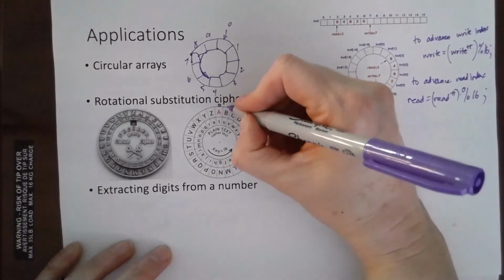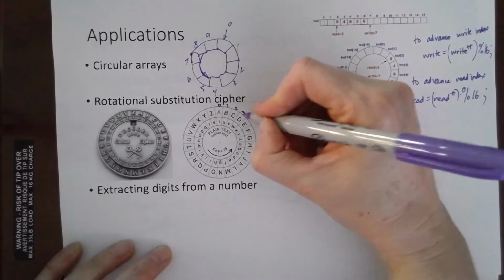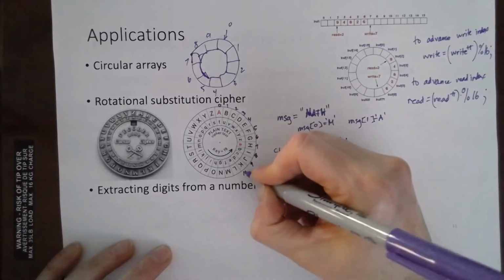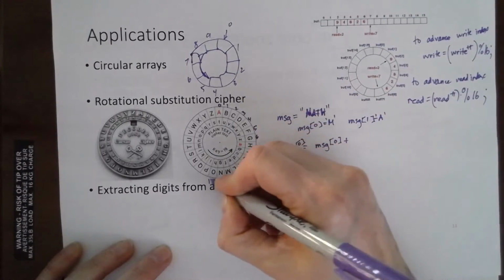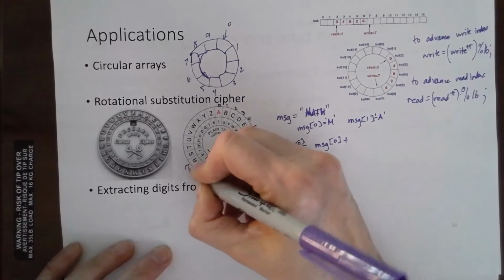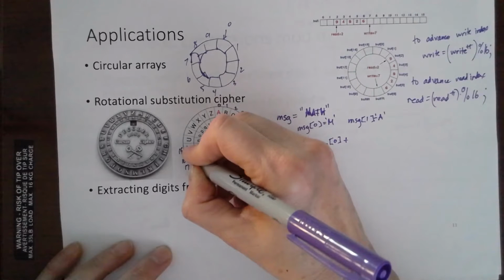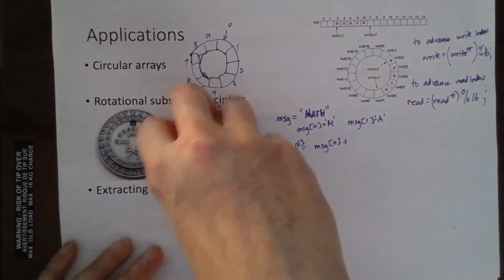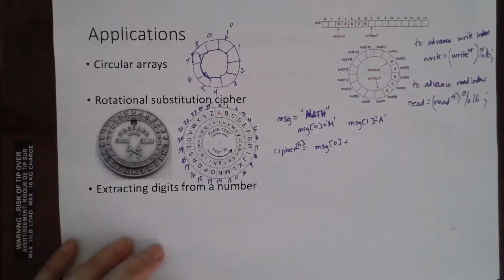So this is normally 0, 1, 2, 3, 4, 5, 6, 7. Let me just write them all. Okay, so A is 0, all the way around to 25 is Z. So this has a key of 19 because this inner ring has been turned 19 positions.